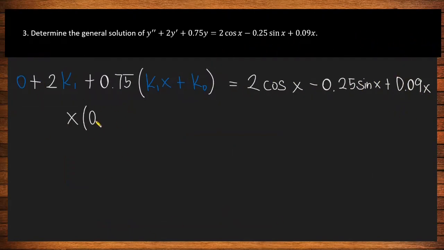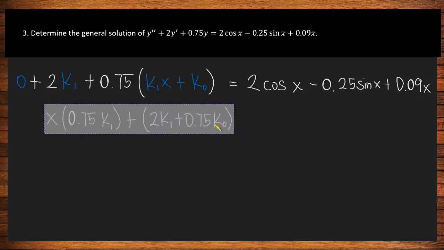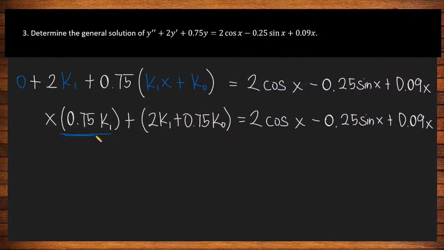Combine like terms, and then compare the value of our coefficients. So comparing the coefficients of x on both sides of our equation, we will have 0.75 k sub 1 on the left side. So yan yung coefficient ng x natin. And then on the right side naman, yung coefficient ng x is 0.09. So i-equate lang natin yung dalawa.